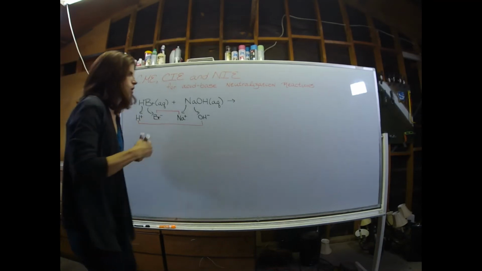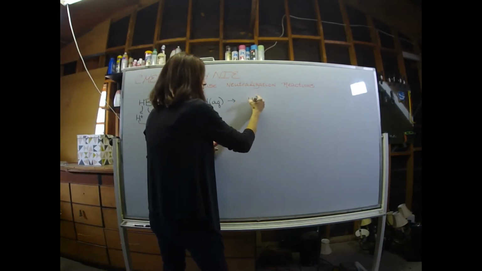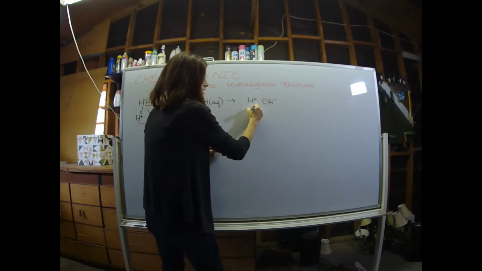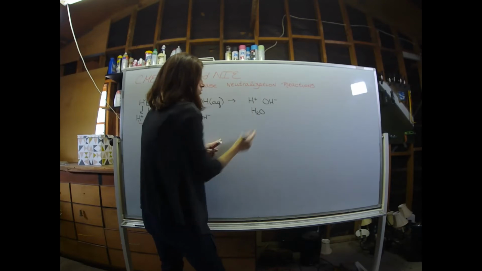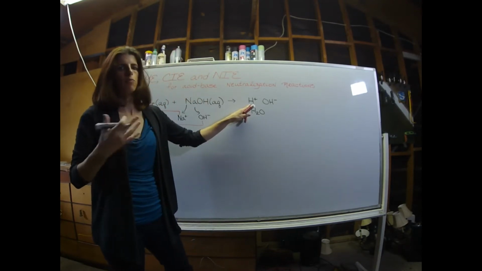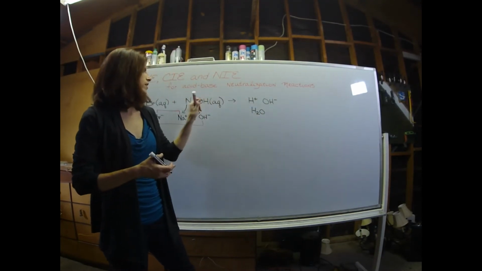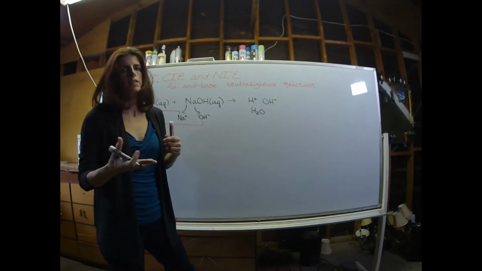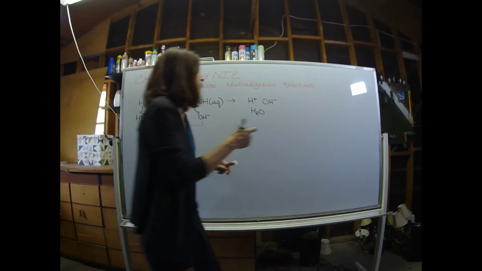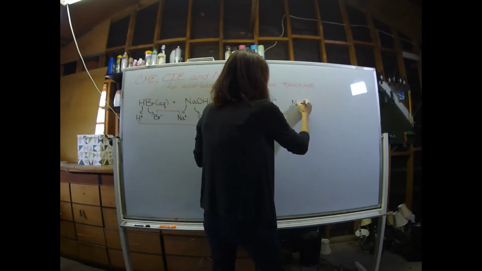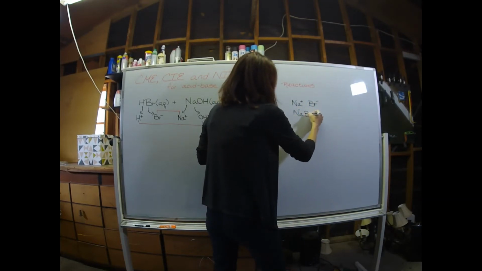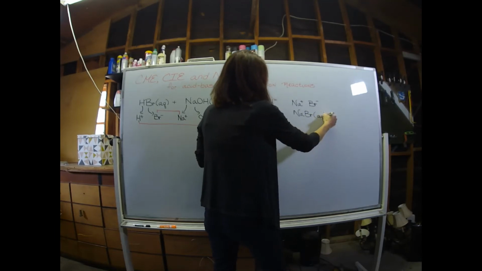H plus and OH, that's going to give us water, H2O, because we have an Arrhenius acid, a proton, with an Arrhenius base, something that produces OH minus. Those two will combine to neutralize each other and form water. And then the rest of the stuff, Na plus and Br minus, that'll form sodium bromide, which is aqueous.